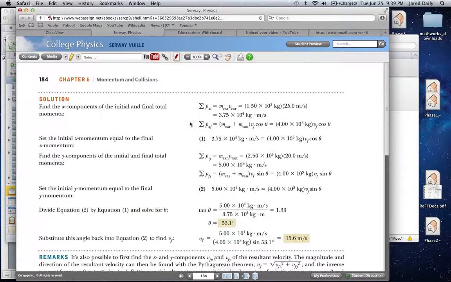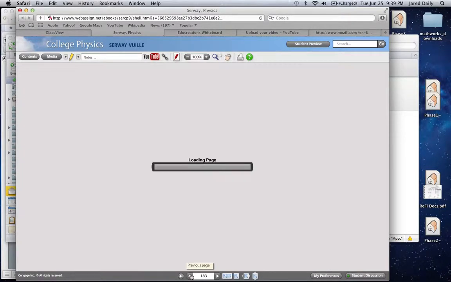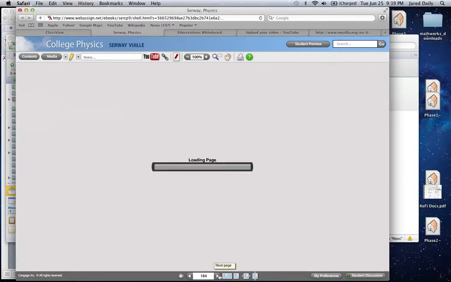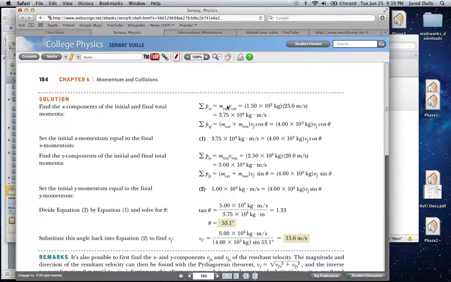We have to add together all the momentums in the x direction. So it's going to be mass of the car times the velocity of the car, right? And let's see, was the truck sitting still? I don't remember what it said it was doing. Okay, so I remember now what's going on. In the x direction, the car is moving initially, but it's not moving in the y direction initially.